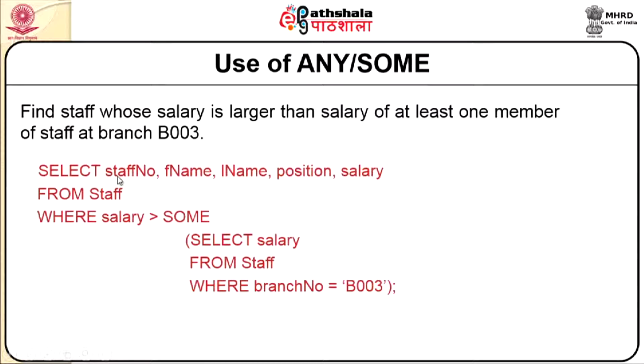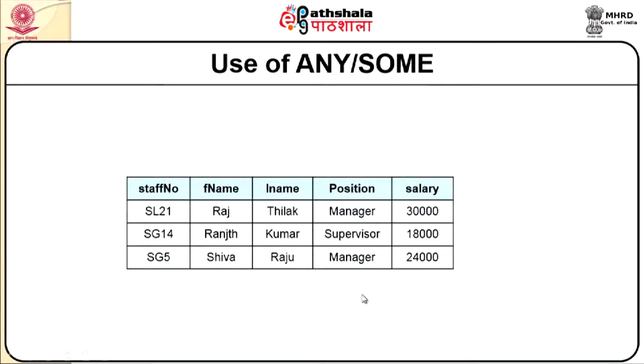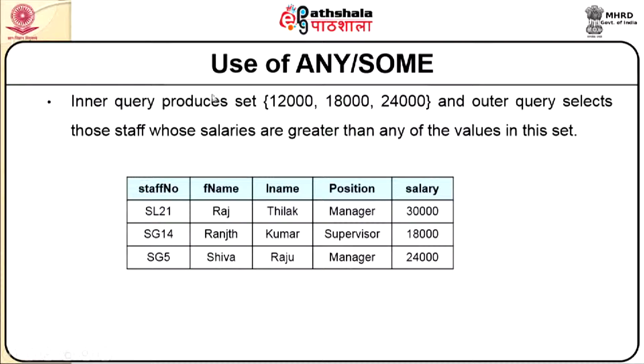SELECT staffNo, fName, lName, position, salary FROM Staff WHERE salary > SOME (SELECT salary FROM Staff WHERE branchNo = 'B003'). The inner query produces a set of, say, 12,000, 18,000, 24,000, and the outer SELECT query lists those staff whose salary is greater than any of the values in the set.